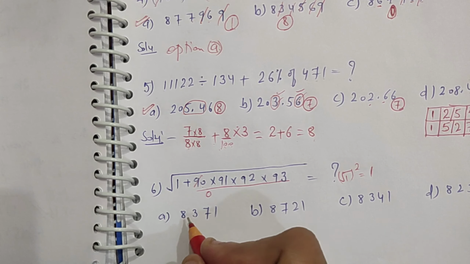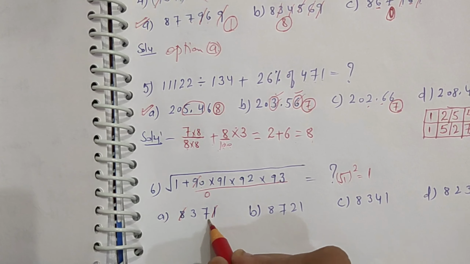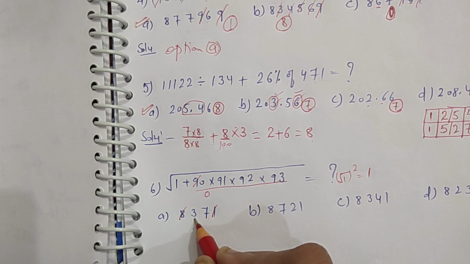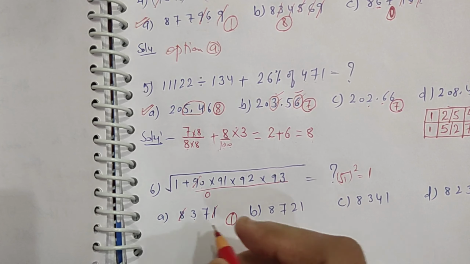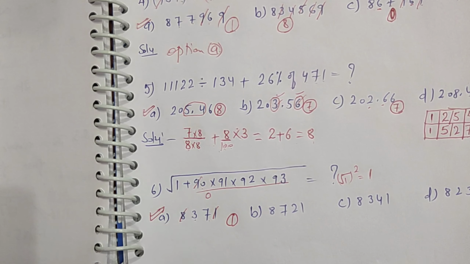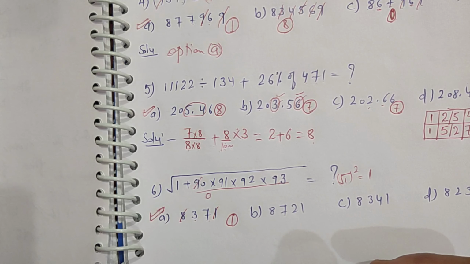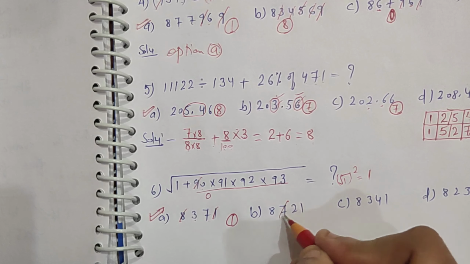So here you will see 8 plus 1, 9. I will cancel it. 7 plus 3, 10. 10 means 1 plus 0. So 1 is the digit sum. It is possible answer. But let us make sure whether this is the correct answer or not. 7 plus 2, 9.